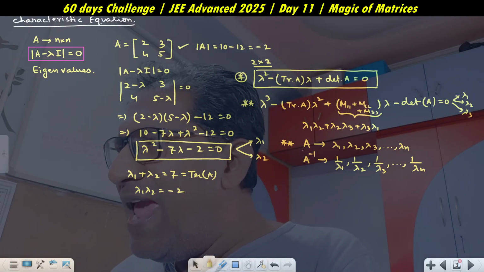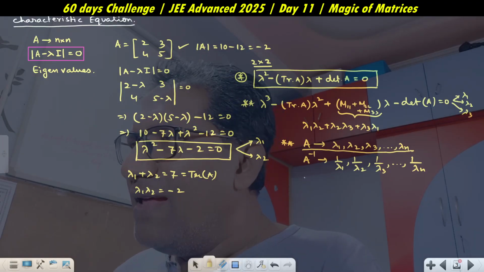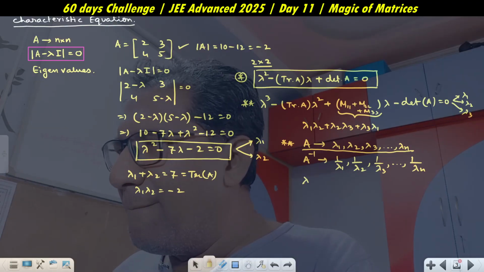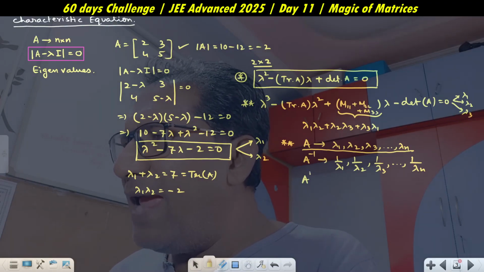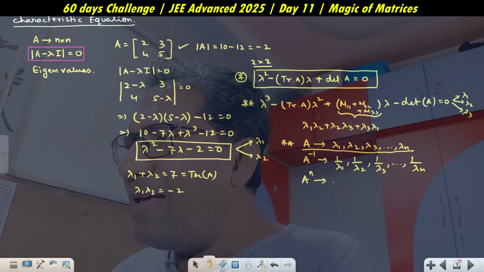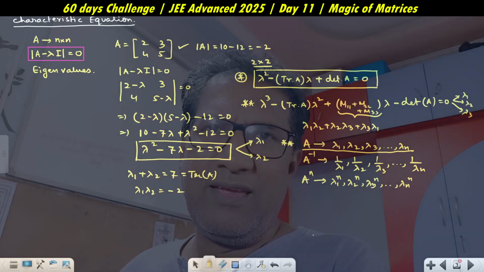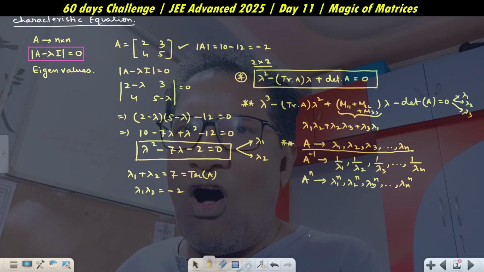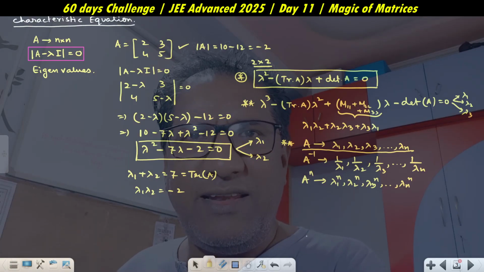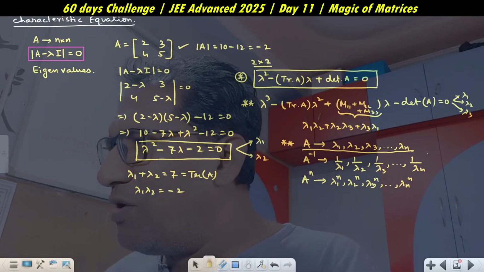Moreover, if A has the eigenvalues lambda 1, lambda 2, lambda 3, lambda n, then for A to the power n, the eigenvalues will be lambda 1 to the power n, lambda 2 to the power n, lambda 3 to the power n, and so on up to lambda n to the power n. These are the eigenvalues of the matrix A to the power n. Is it clear? So we must remember this.